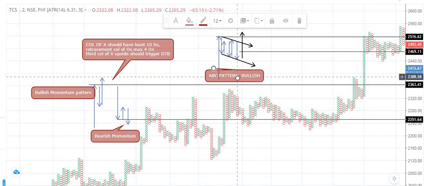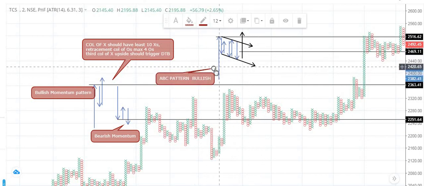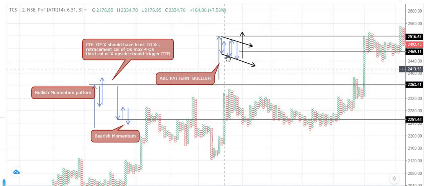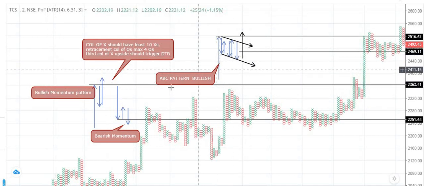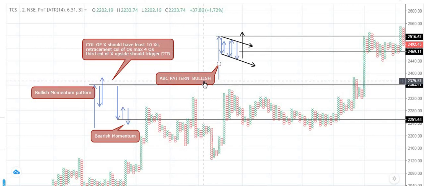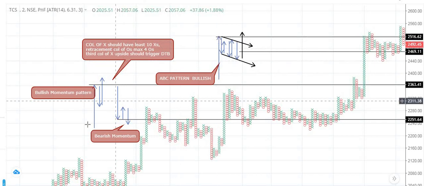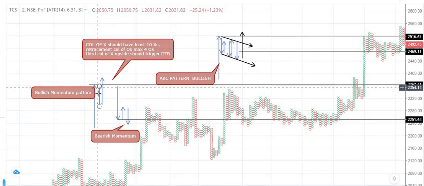The major difference, if you have analyzed or observed, between this ABC pattern and momentum pattern, is this is also momentum, just ABC. I'll let you know why. This first column has the same eligibility criteria.